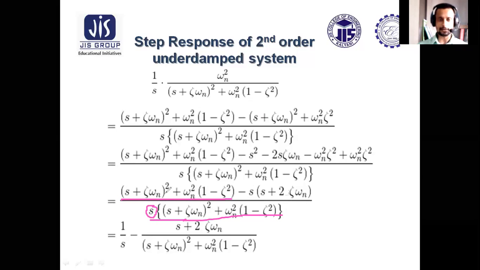So this part of the numerator divided by this denominator part will give us 1 by s only. Clear? And this part divided by the denominator, the s will be cancelled. So we'll get s plus 2 zeta omega n divided by this part. Okay.